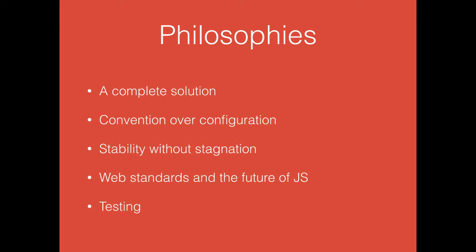They also adhere to something called stability without stagnation. What that means is they ensure that the framework is stable without stagnating innovation. A good example of this is as they progress between Ember 1 and Ember 2, they don't deprecate a bunch of stuff and leave all the developers hanging without providing a good upgrade path.